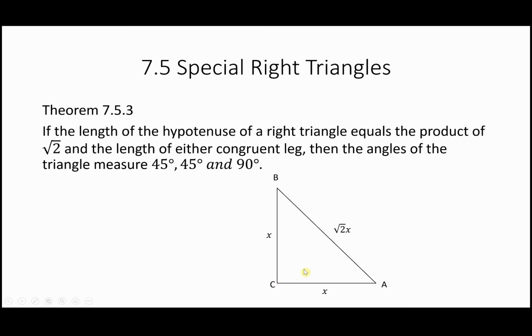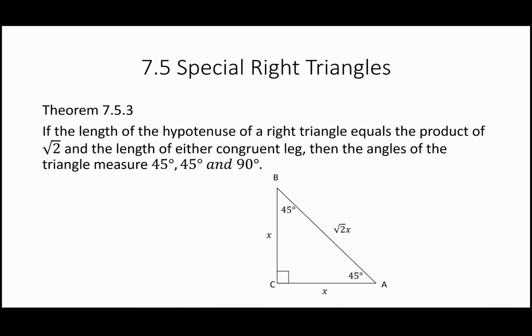If it's a right triangle in which the two legs are of the same length, and therefore the hypotenuse is going to be root 2 times that leg length, then you know that you have a 45, 45, 90. So you can add those degree measurements in the appropriate positions, okay?